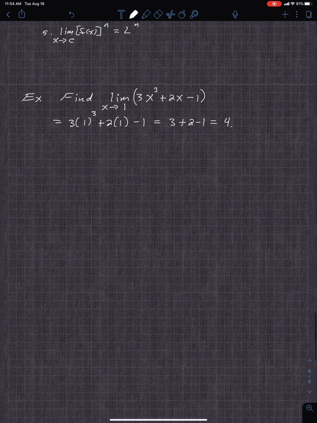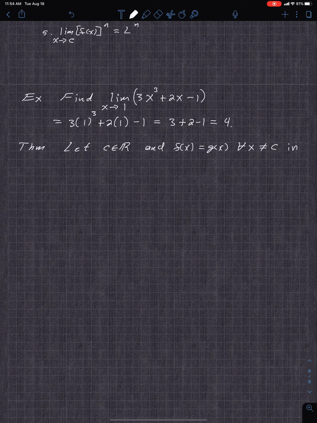So let's look at this theorem. Okay, so this one says let c be a real number and f of x equals g of x for all x not equal to c, in other words the limit value.